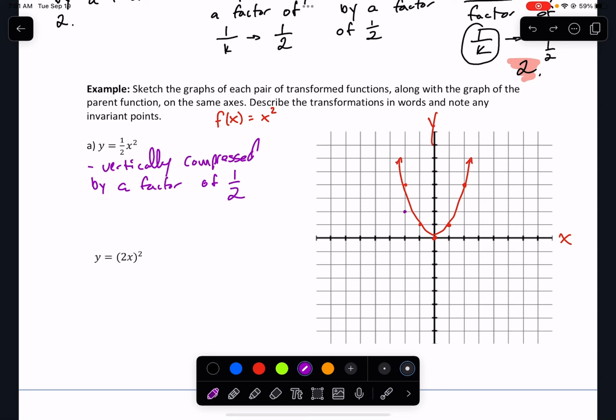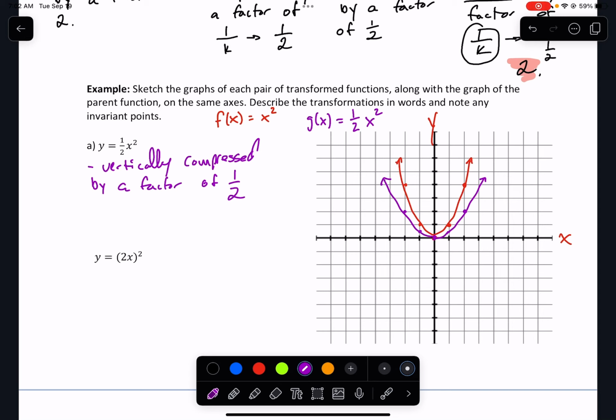So we're going to go to there, and this is also going to go to there. This is going to go to 0.5, and that's going to go to 0.5. 0 stays at 0. You can see when I vertically compress a graph, it gets wider. Okay, so we'll call that g of x equals 1/2 x squared.